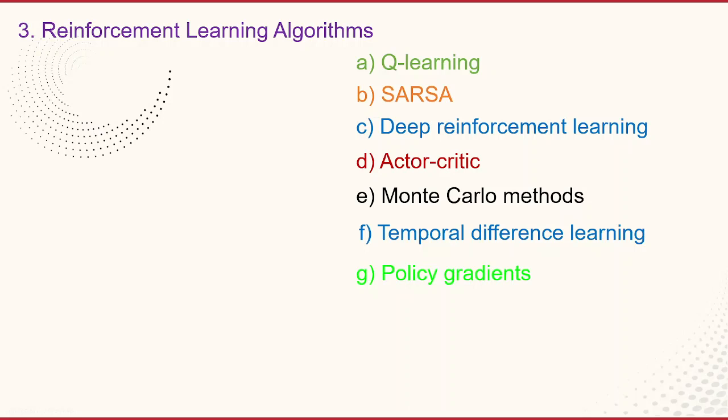This algorithm learns by directly optimizing the policy function using gradient ascent. It is often used for solving problems with high-dimensional action spaces, such as in robotics or game playing. So these come under reinforcement learning algorithms.